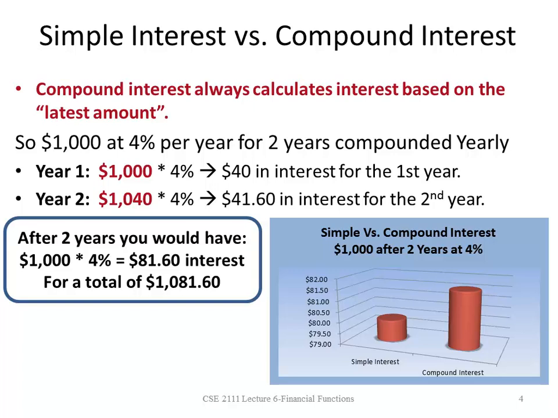So now I have $1,040. Now I'm going to get interest on that $1,040, which will make my interest at the end of the second year $41.60, which will make my total interest $81.60, and I will have a total amount of $1,081.60 in my savings account at the end of 2 years.